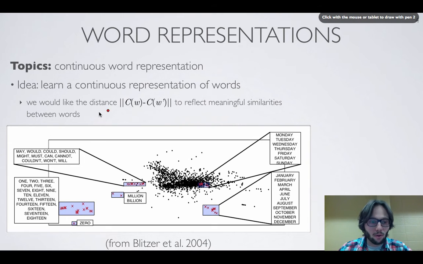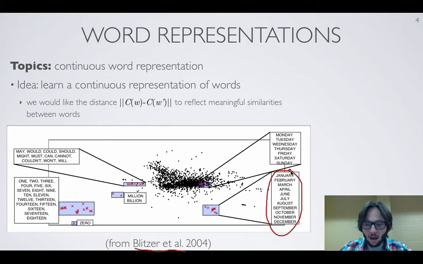So here's an example of some word representations that were learned with some given algorithm by Blitzer et al. in 2004. I'm showing this figure because it really illustrates well what we're trying to accomplish. The word representations that they learned, when projected in 2 dimensions, were such that all the months were associated with vectors in the same region of the 2D space.